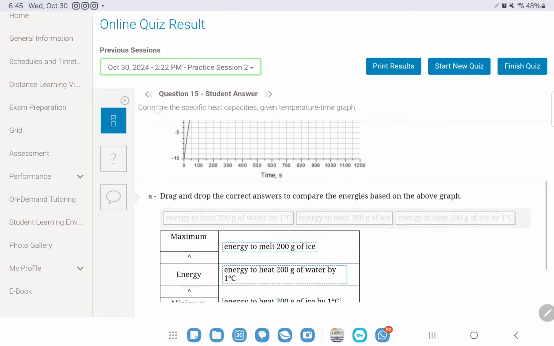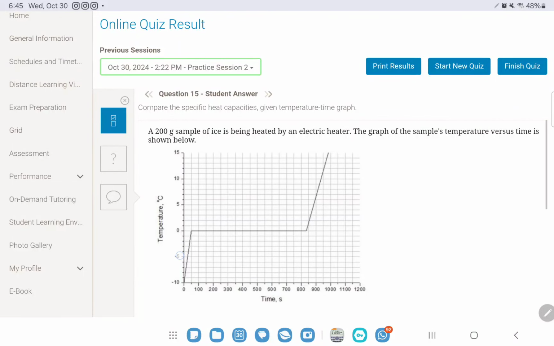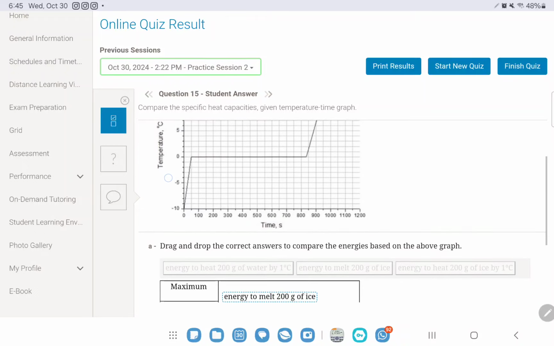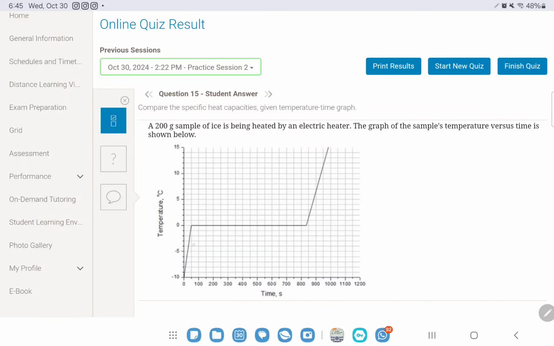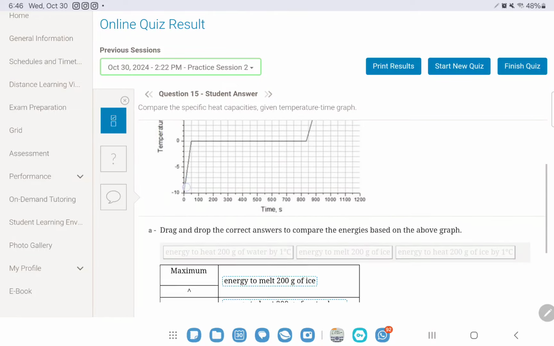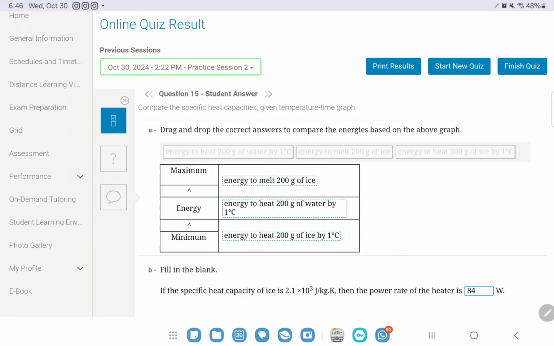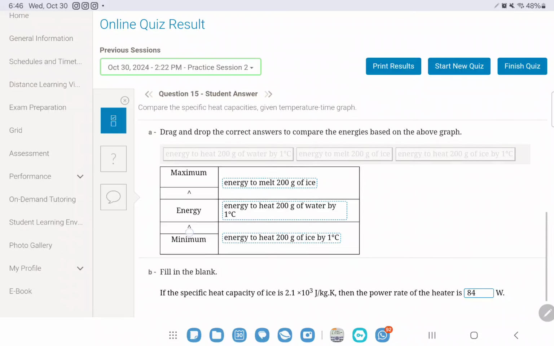Now, again, this question is almost the same. But let's look at part 1. Let me see something though. I want to see if this is related to the question. Okay. So here they're asking us to label them by which one uses the most energy, from least to most.